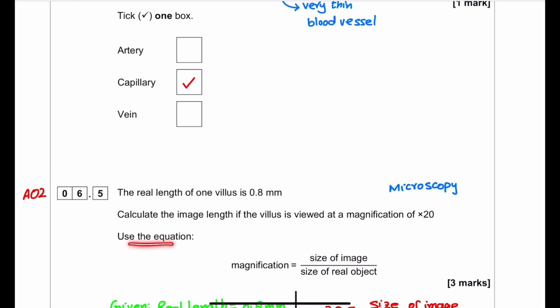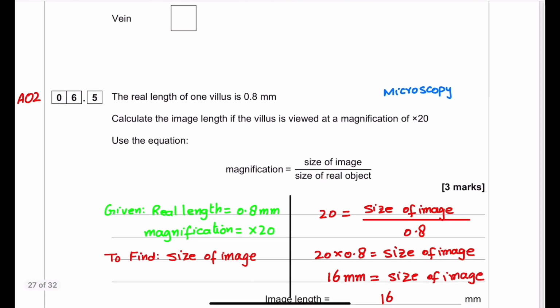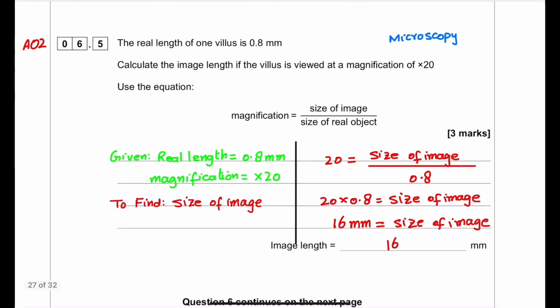The equation of magnification is the size of the image over the size of the real object. The given information is the real size, 0.8 millimeter. Magnification is also given, that is 20 times. Find the size of the image.